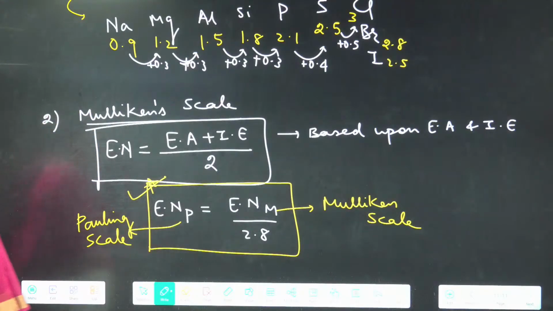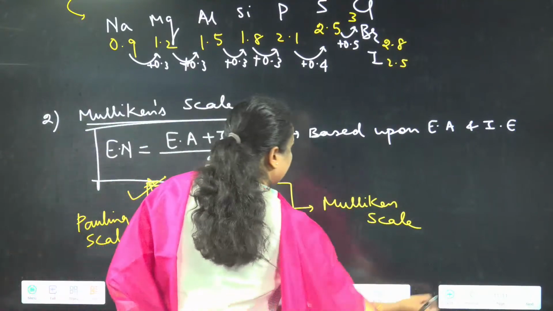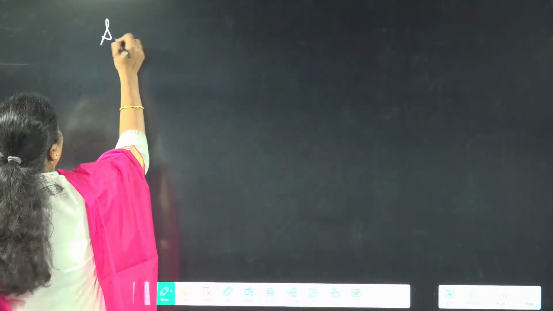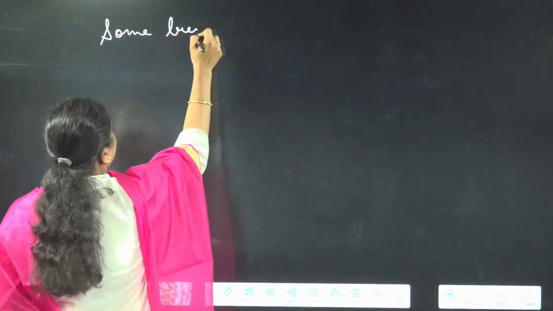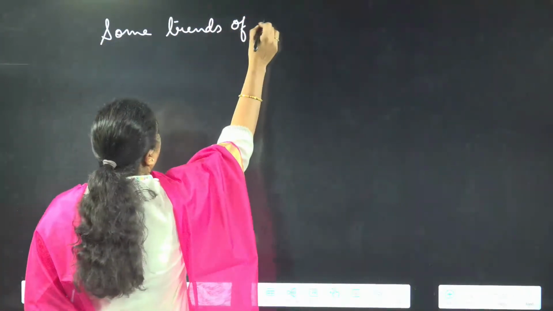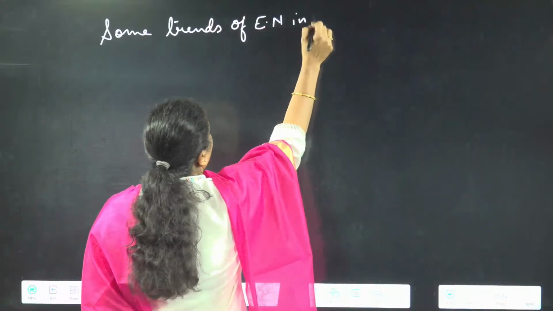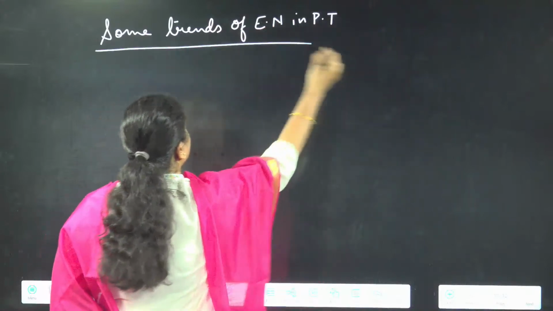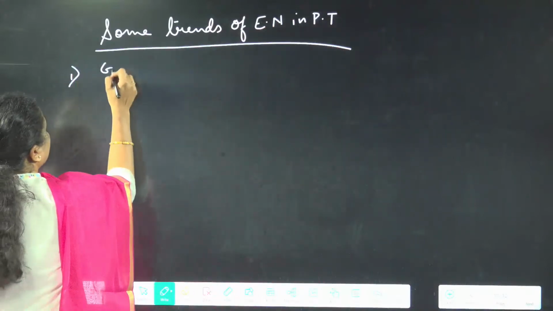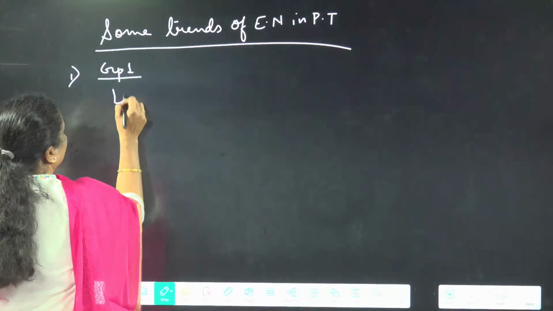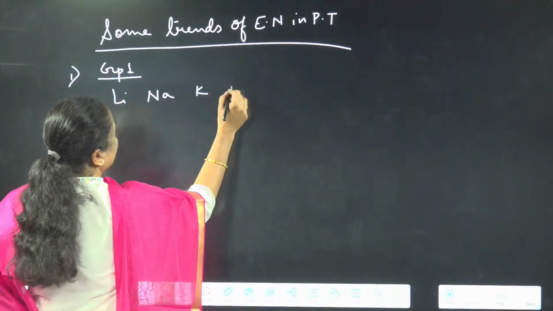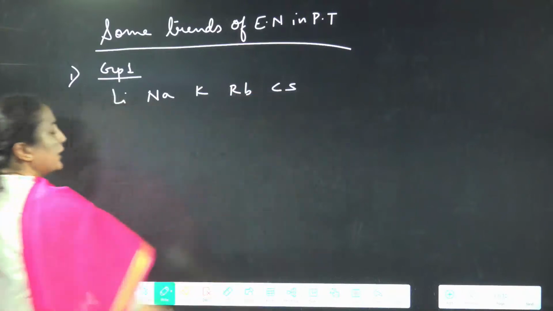Yes, are we done writing? Okay. Now, some trends of electronegativity in the periodic table. Suppose for the first one, group 1, I have lithium, sodium, potassium, rubidium, cesium. It shows a regular trend.